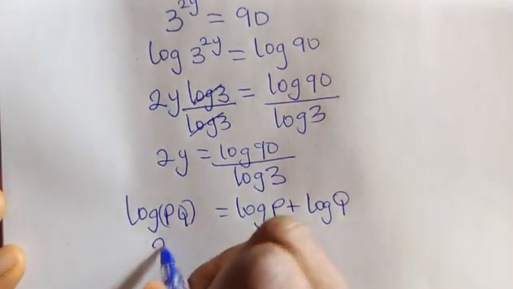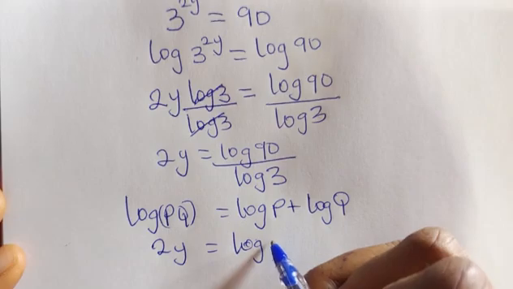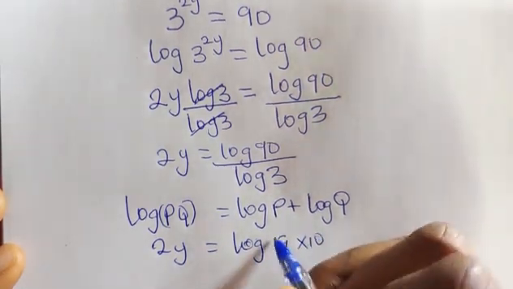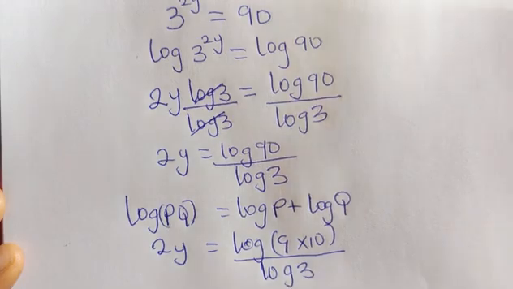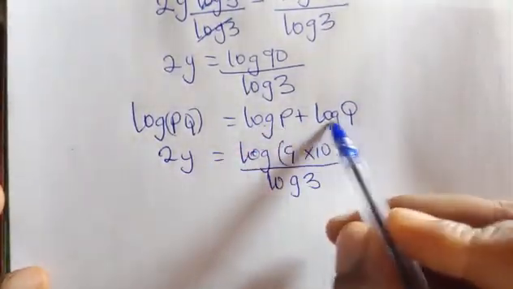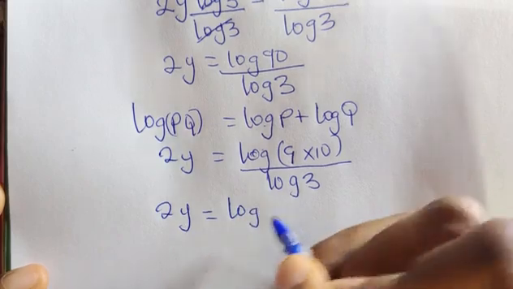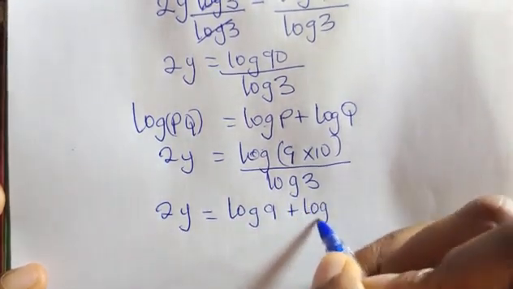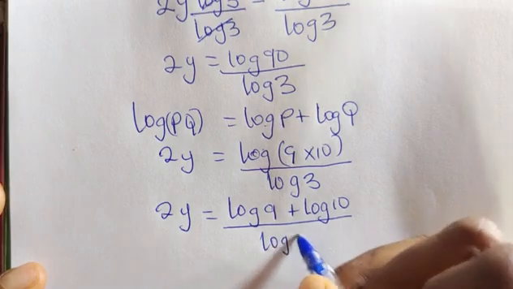So 2y equals log 9 times 10 all over log 3. 9 times 10 is the same as 90. So 2y will be equal to log 9 plus log 10 all over log 3.